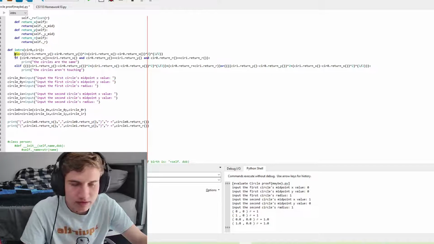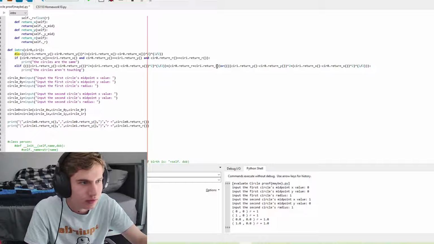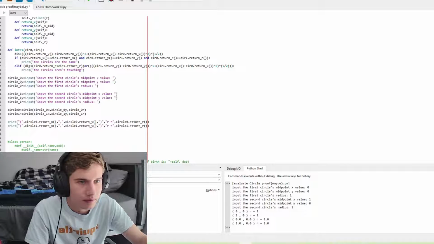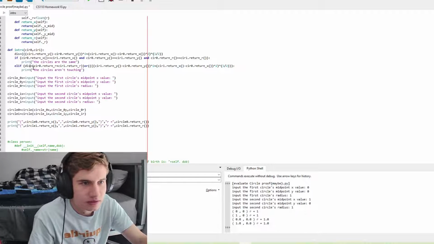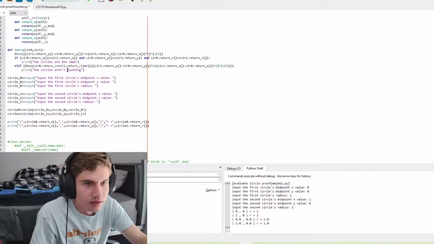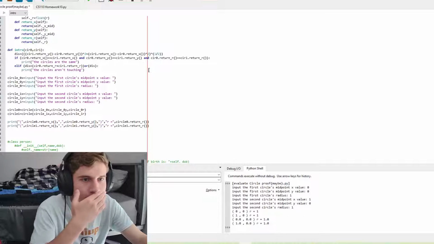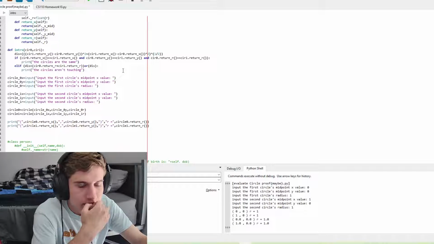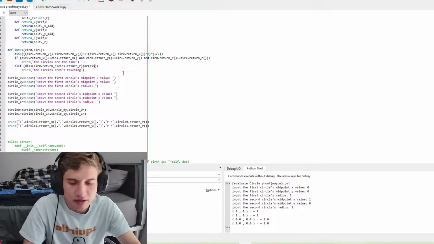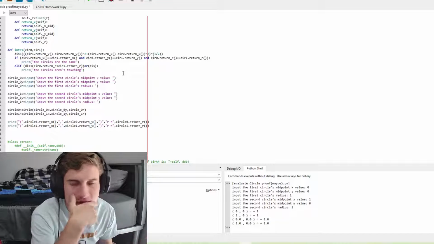I might just be able to substitute this distance is greater than that, or distance plus, I don't know which one's the smaller one though.